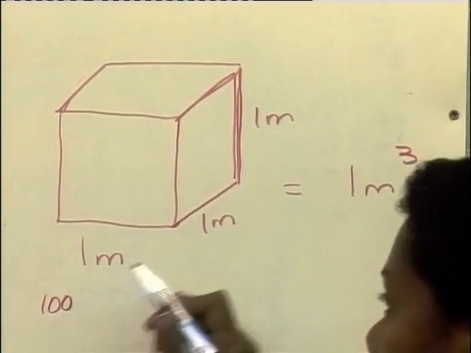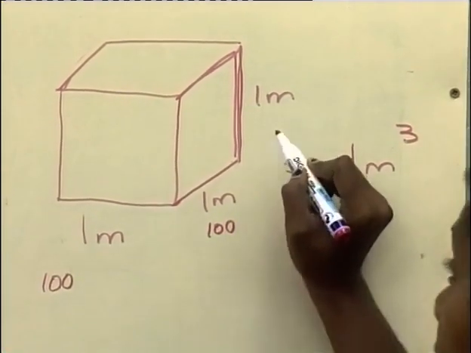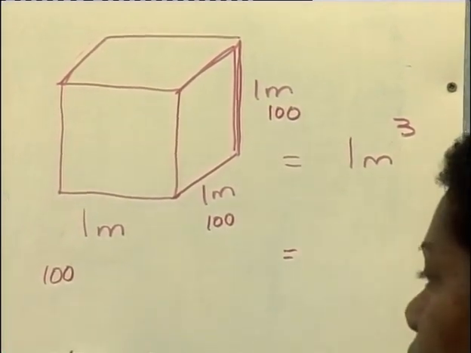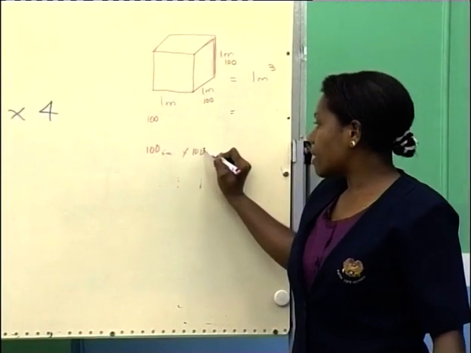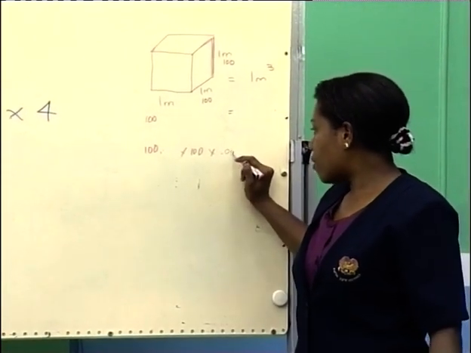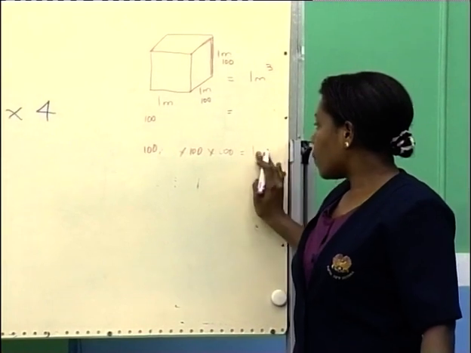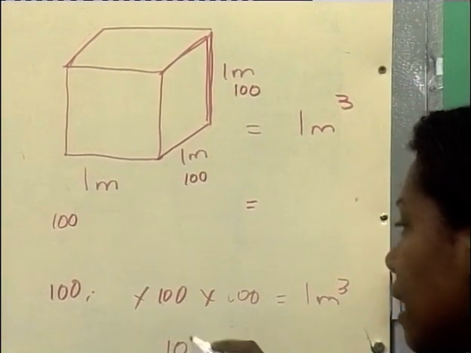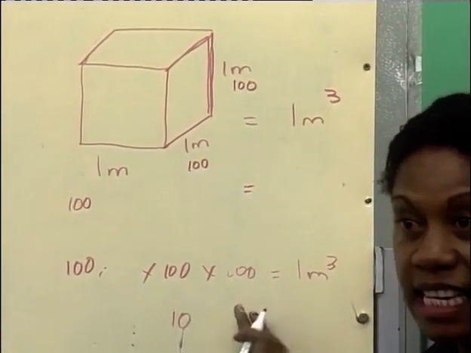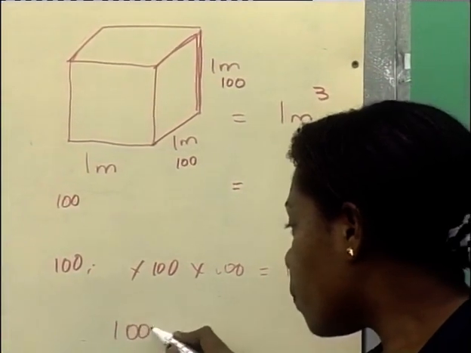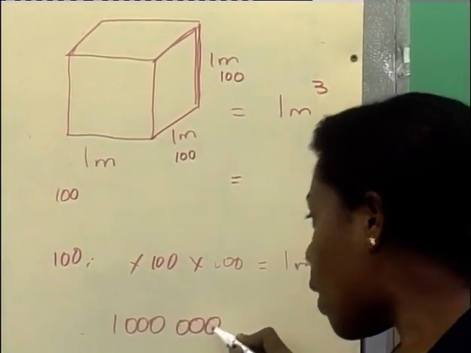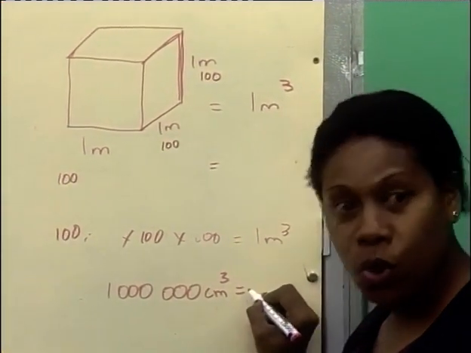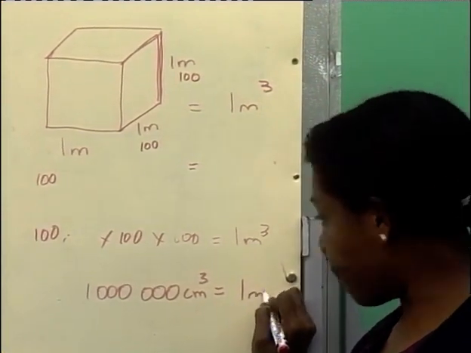100. 100 times 100 times 100. 100 centimeters times 100 centimeters times 100 centimeters will give what? 1 cubic meter, or 1 followed by how many zeros? 2, 4, 6 zeros. 1 million cubic centimeters is equal to 1 cubic meter.